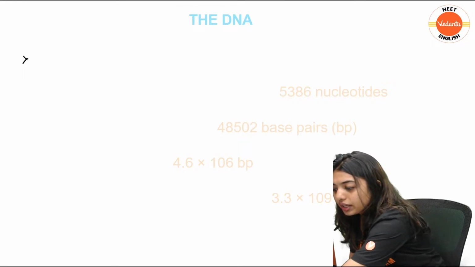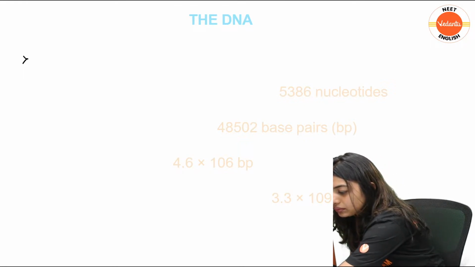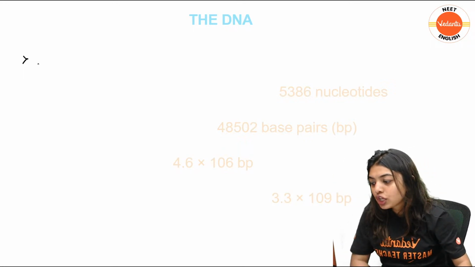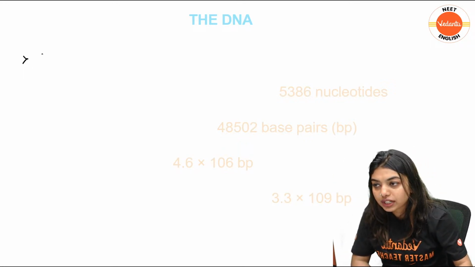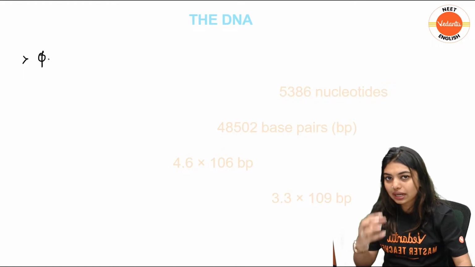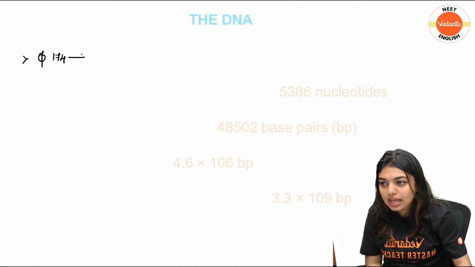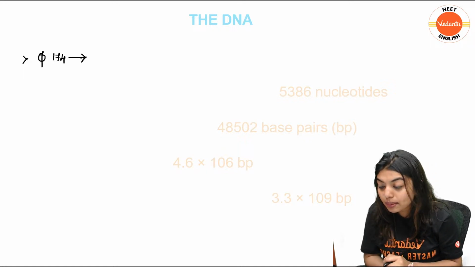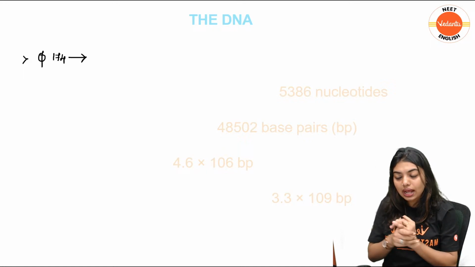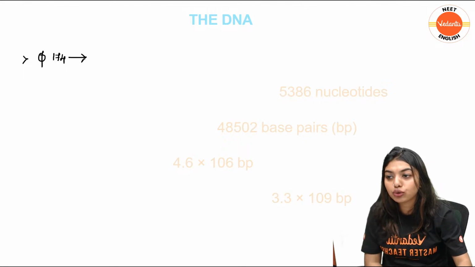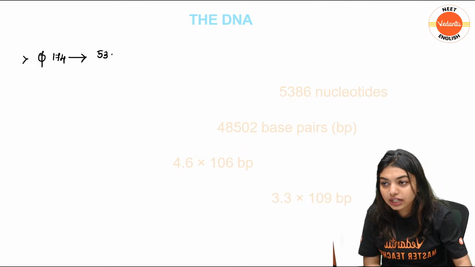Okay, so look here, all of you. There are some values given in your textbook, yes or no? Those values are what we are going to study. Lambda 174 has a number. Here they are talking about the bacteriophage known as lambda 174, which has 5386 nucleotides.